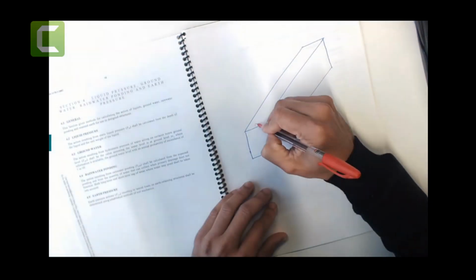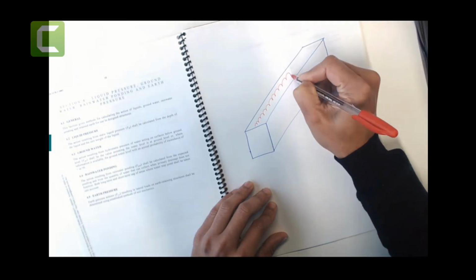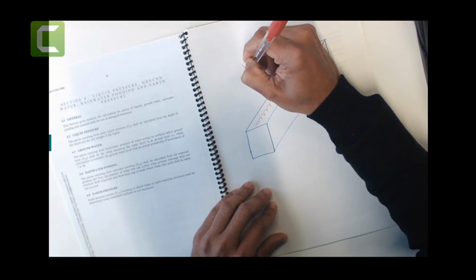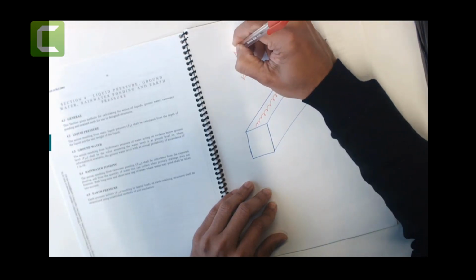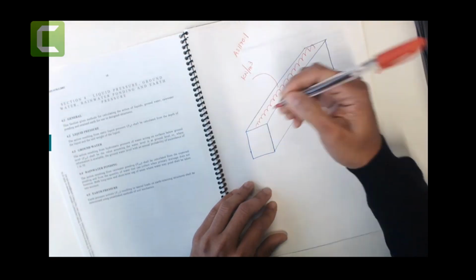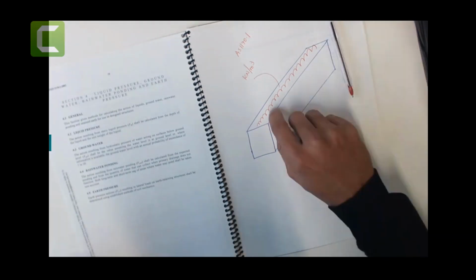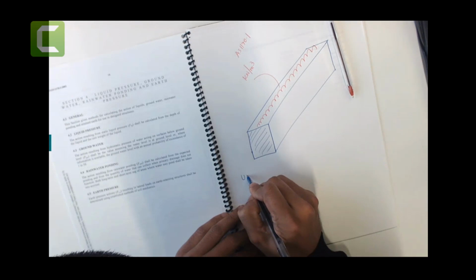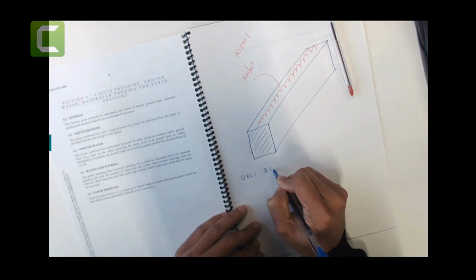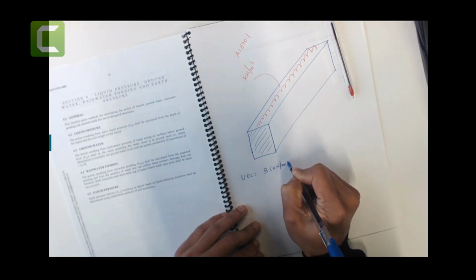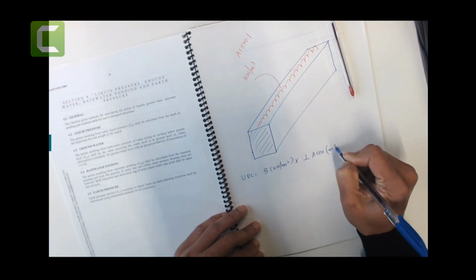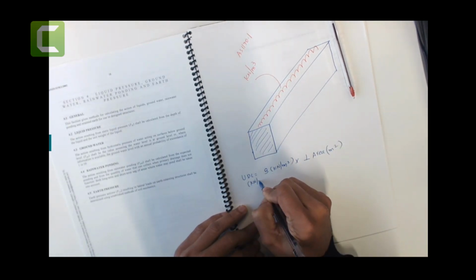I would take the density for this material from AS 1170.1 and multiply it by the perpendicular area. So UDL load equals density in kilonewton per meter cubed times the perpendicular area. That gives me the UDL load in kilonewton per meter.